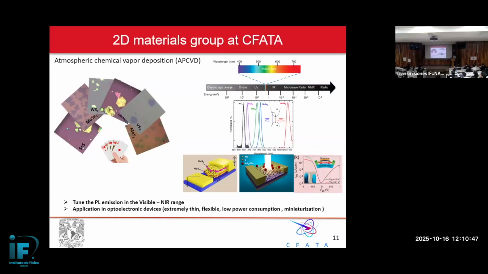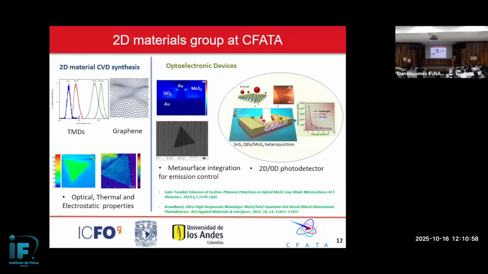We can cover from 600 nanometers all the way down to a micron, so the visible and near infrared range. What I want to present today is how we can integrate these materials into optoelectronic devices.